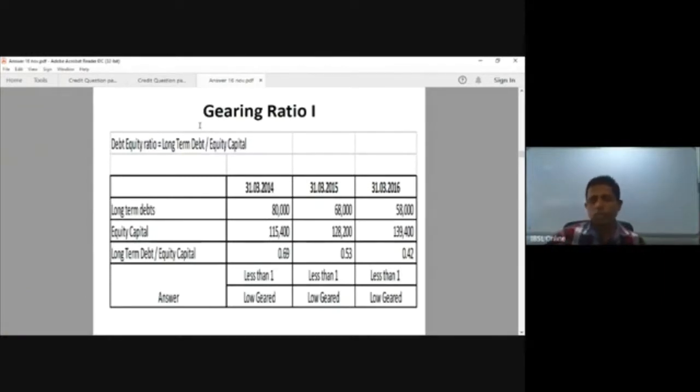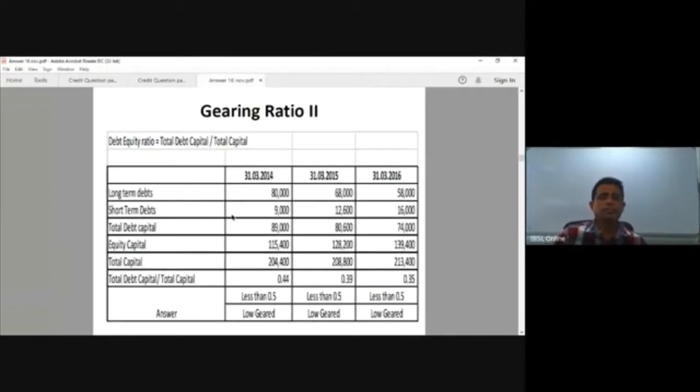Then we'll move to the next ratio under gearing, that is gearing ratio 2. Here the formula is you have to take the total debt capital and total capital. Total debt capital compared with the total capital. How do you calculate the total debt capital?